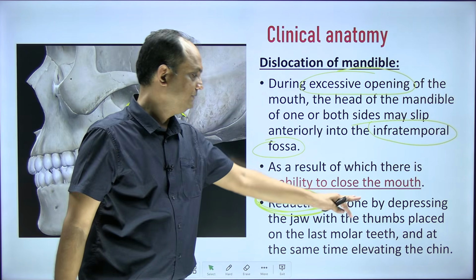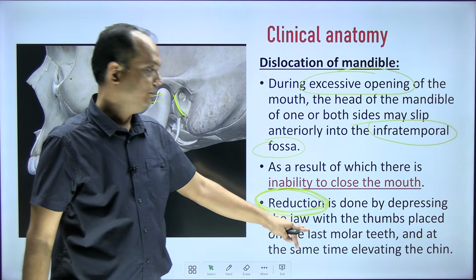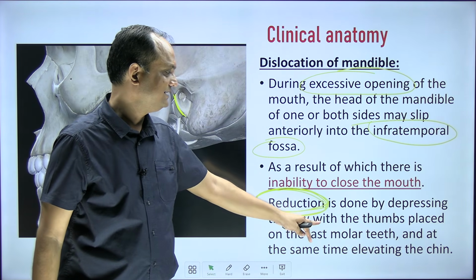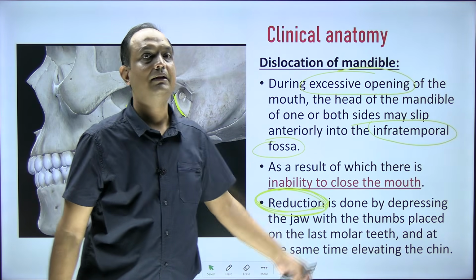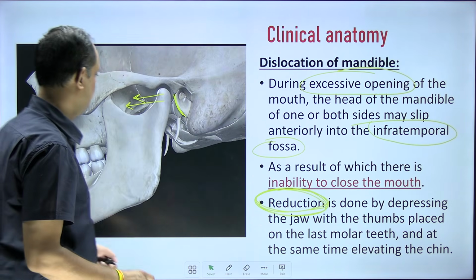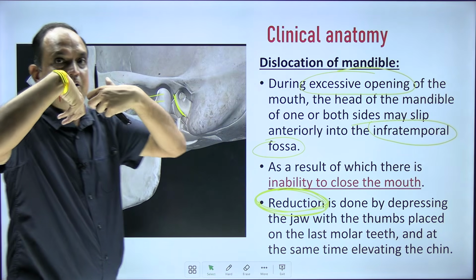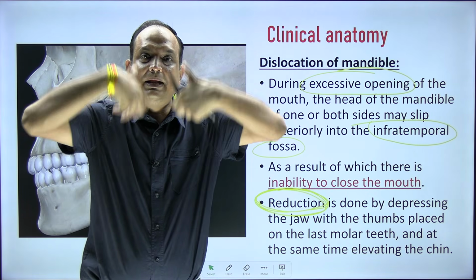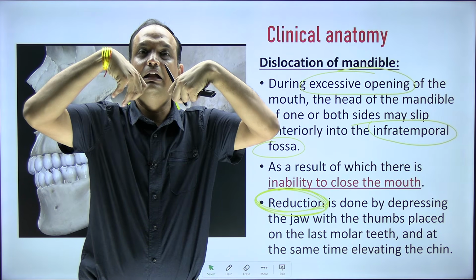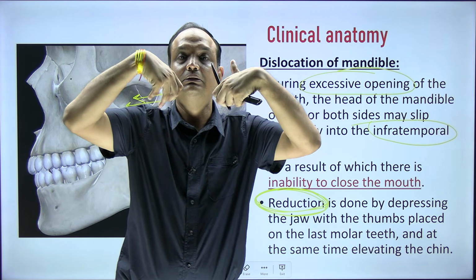The reduction is done by depressing the jaw with the thumbs placed on the last molar teeth, and at the same time there is an elevation. So what you have to do is pass your thumb inside the oral cavity of the person and provide pressure on the third molar.